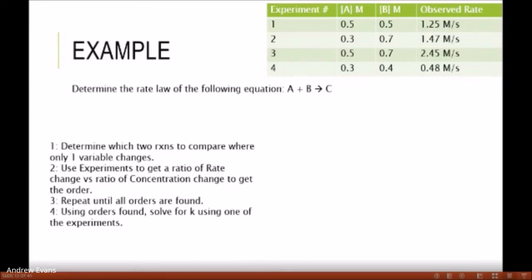I'm recording this in. So the process is the same each time. It doesn't matter how many reactants you have.